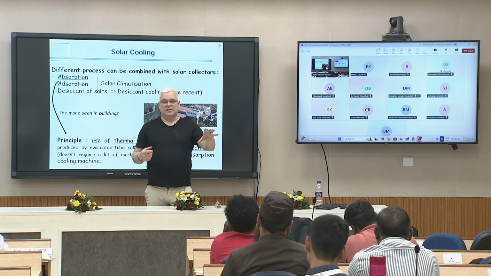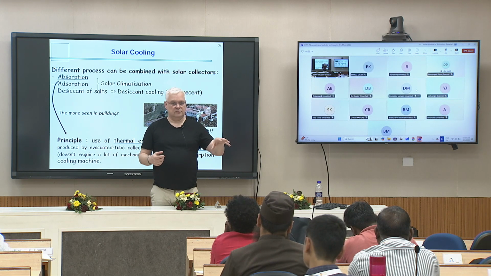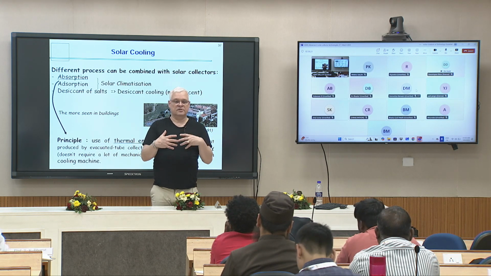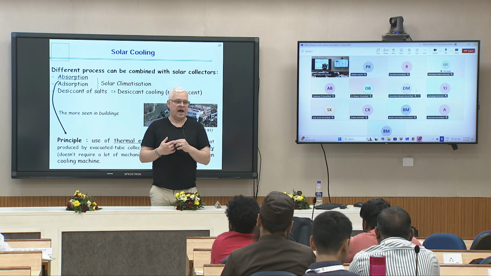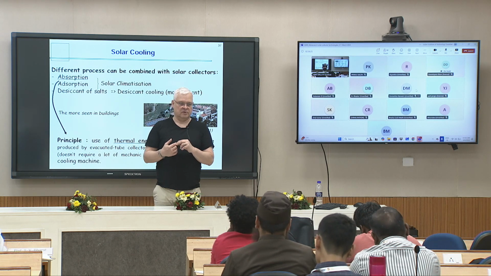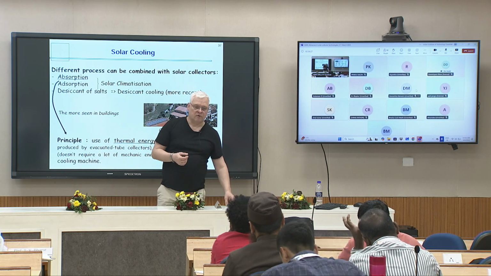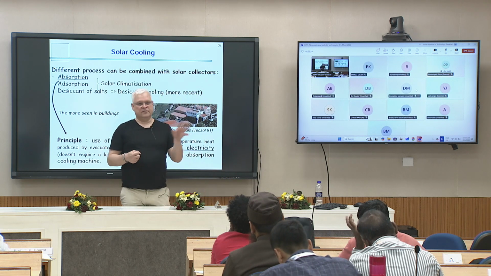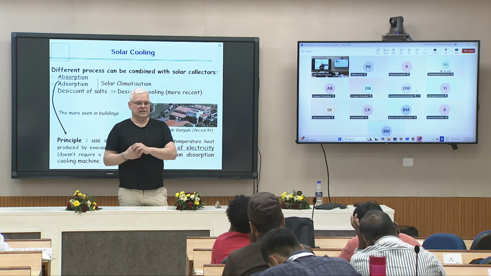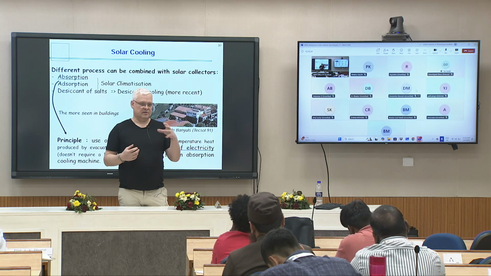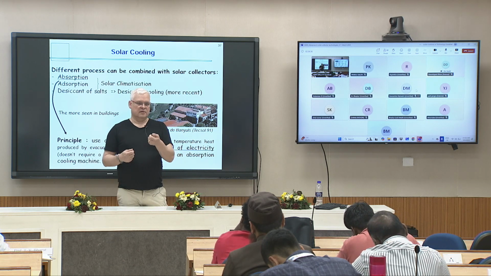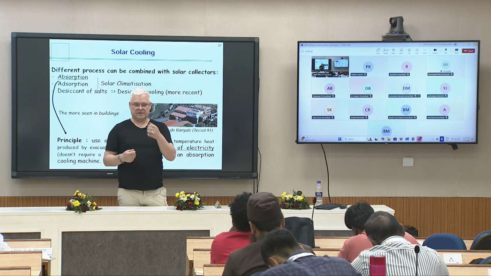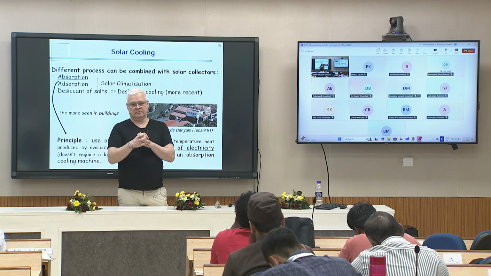When it is a solid, like the salt, plus humidity, we call that an adsorption machine. The more common adsorption machine is not with salt and water, it is with zeolite. Zeolite is a solid porous material, plus water.